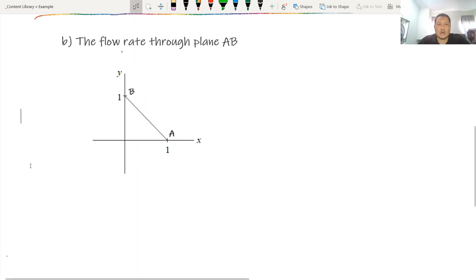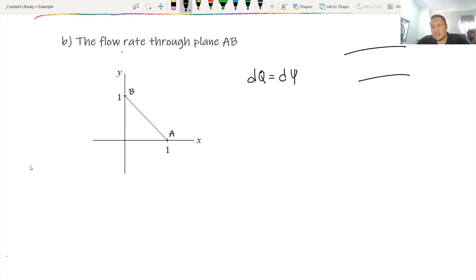Let's recall from my note that dq, the change of flow rate, is equal to the change of stream function, and the stream function is constant along a streamline.